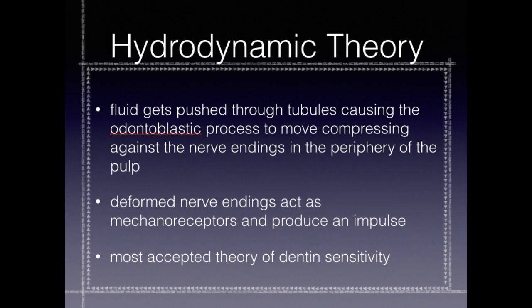So we've got that blood supply and nerve supply sitting in the center of the pulp. As the odontoblast gets compressed, it puts pressure on and deforms the nerve endings sitting down in the pulp area, which in turn acts as a mechanoreceptor and produces an impulse that is then sent to the brain saying, ouch, that hurt.